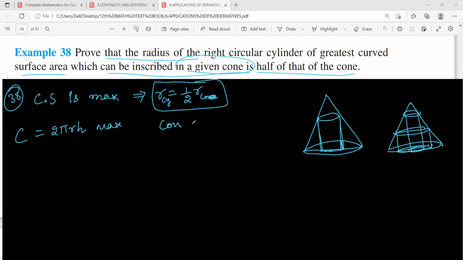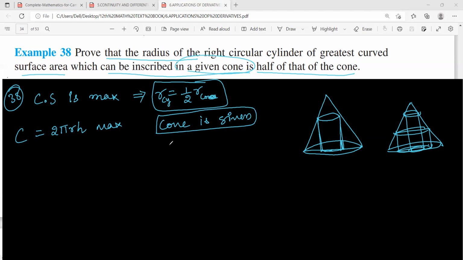So the cone is given. Cone is given means what is fixed here? Height is fixed and radius is fixed.